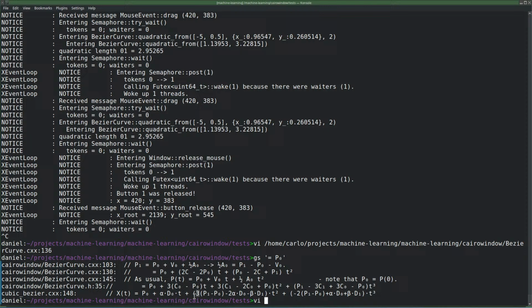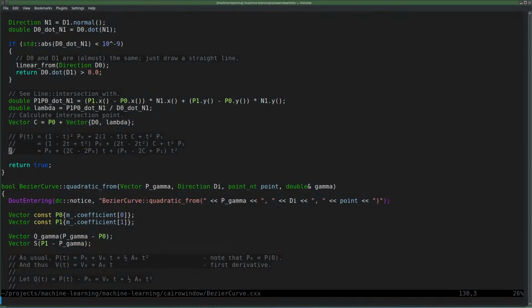That's a 3 error because this cubic is different. Confusing. No, okay, then not.